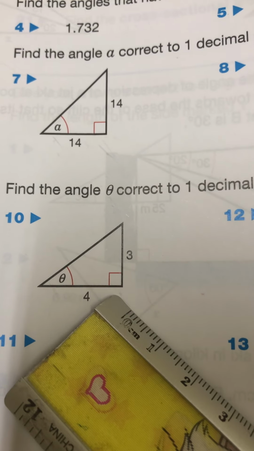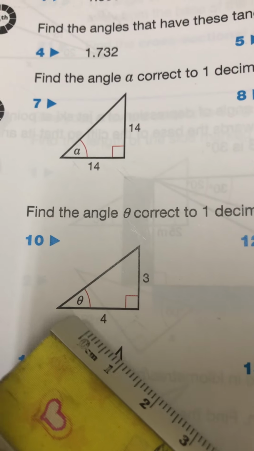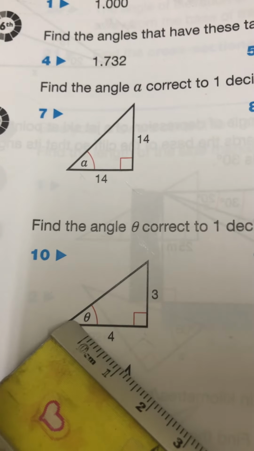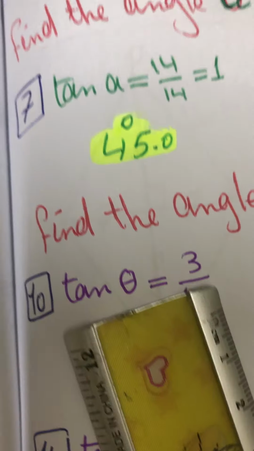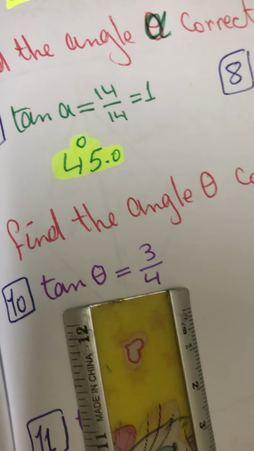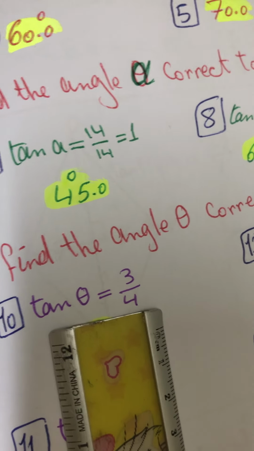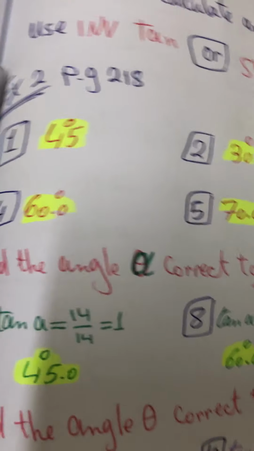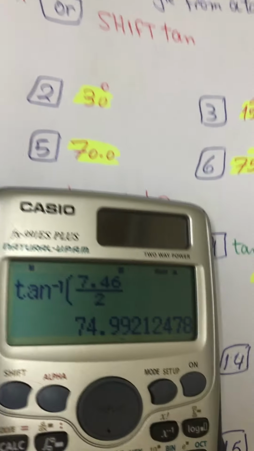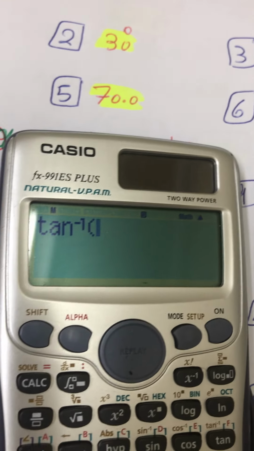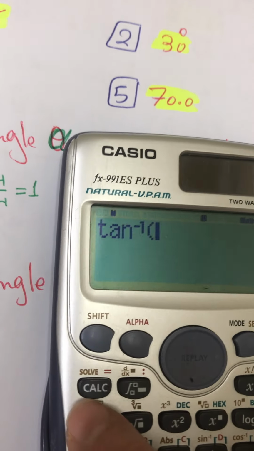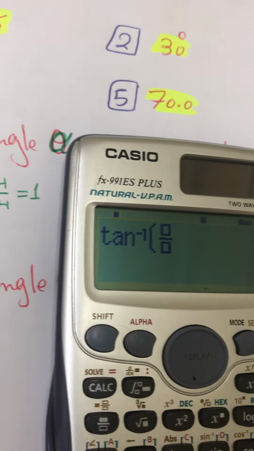Angle theta. In the beginning, find the tan of this angle. Tan theta equals 3/4. Let's try it on the calculator. Shift tan, then fraction, 3 up and down 4.